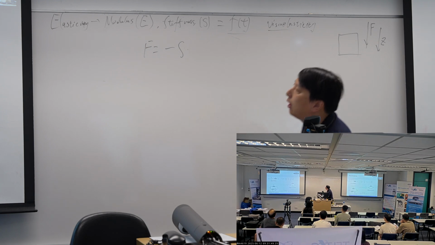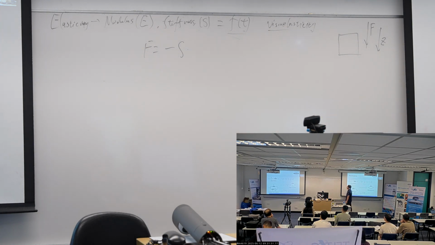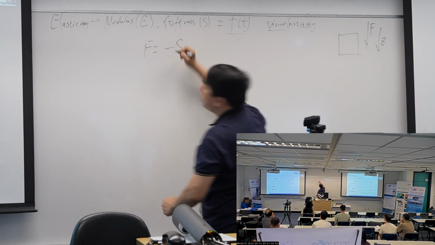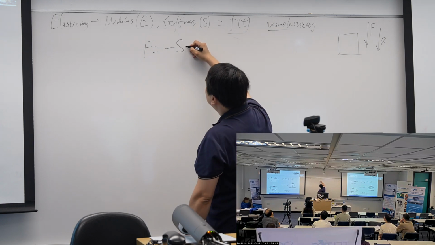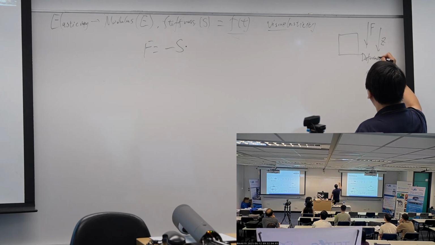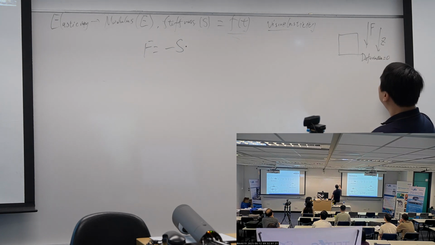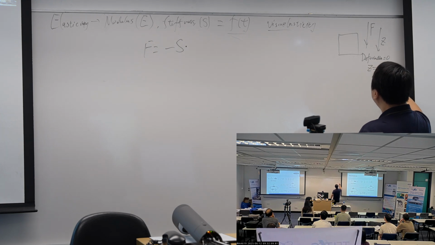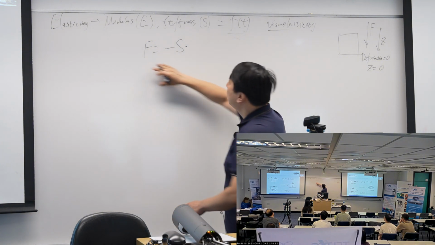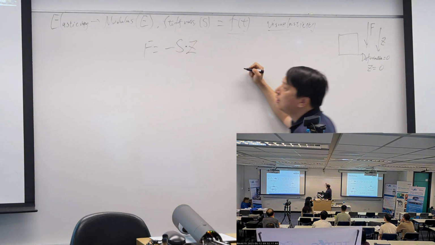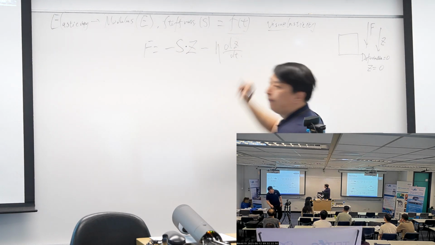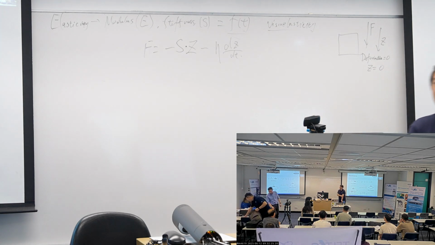When the deformation is 0, we call Z 0. That's how we define the zero point. So the force can be written as this, minus eta dz over dt. That's the starting point of our description.